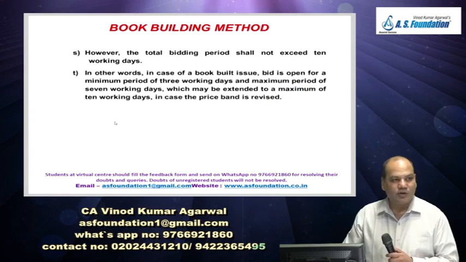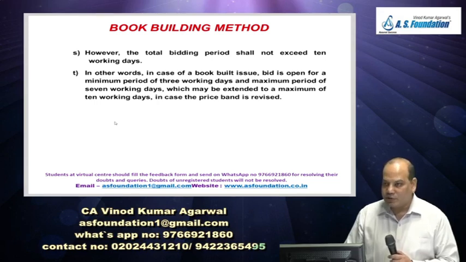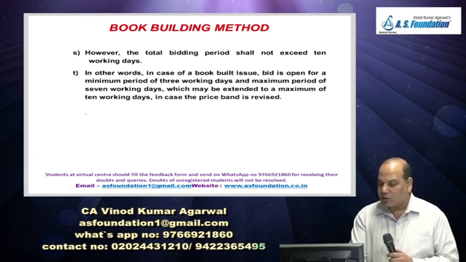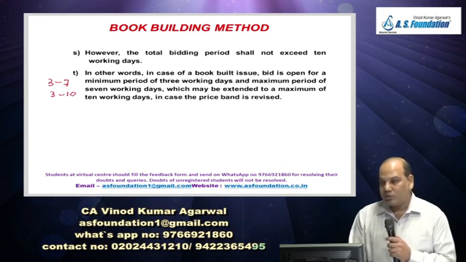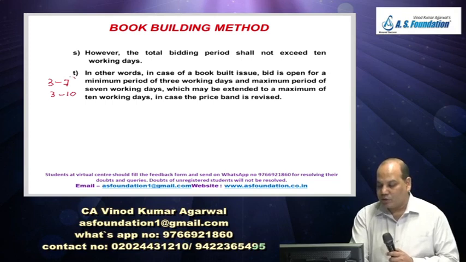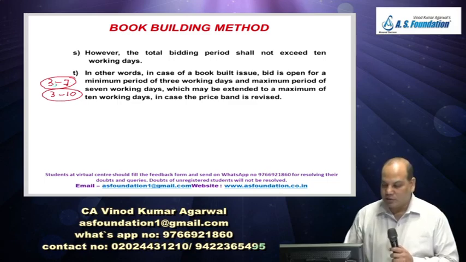In other words, in case of a book built issue, bid is open for a minimum period of 3 days, maximum period of 7 days. So in a normal condition, 3 to 7 days. But in case the price band is revised, then it can be extended up to 10 days. No revision in price band, 3 to 7 days. Revision in price band, 3 to 10 days.